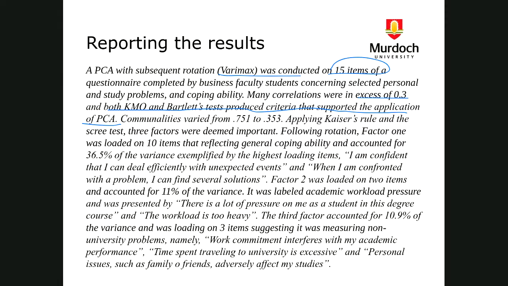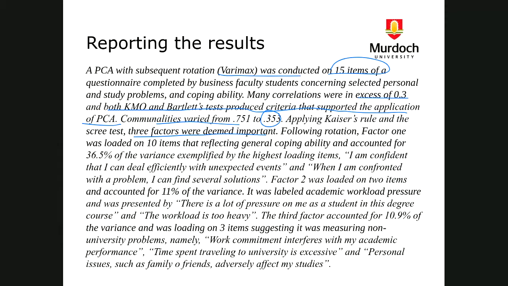Then communalities varied from, in fact, should be from 0.353 to 0.751. You go to the communalities table and you see the highest and the lowest number, then you put them here. Applying Kaiser rule and the Scree test, 3 factors were deemed important.